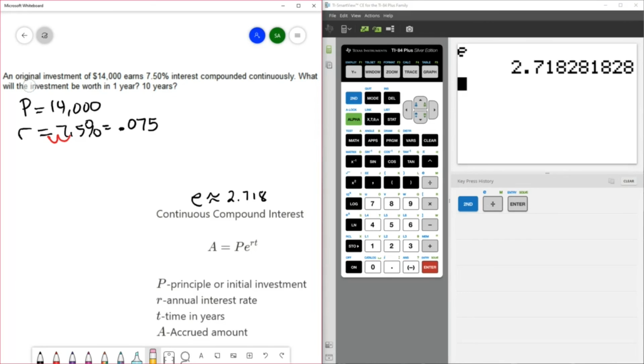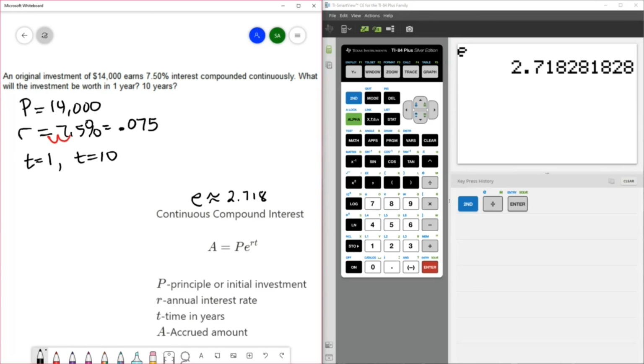What will the investment be worth in 1 year and also in 10 years? So we're given two values of time, t equals 1 and t equals 10. So we're going to have to use our formula twice to do those calculations.